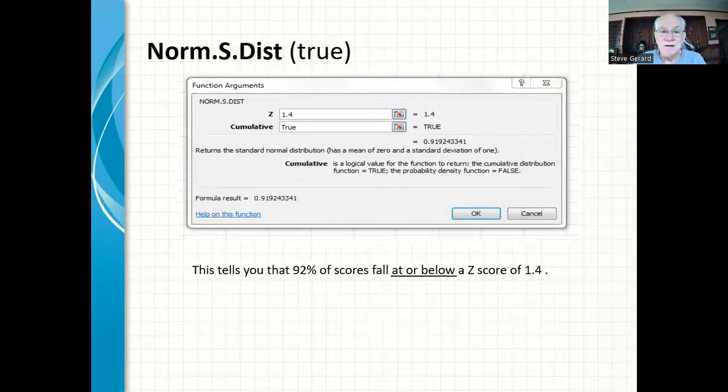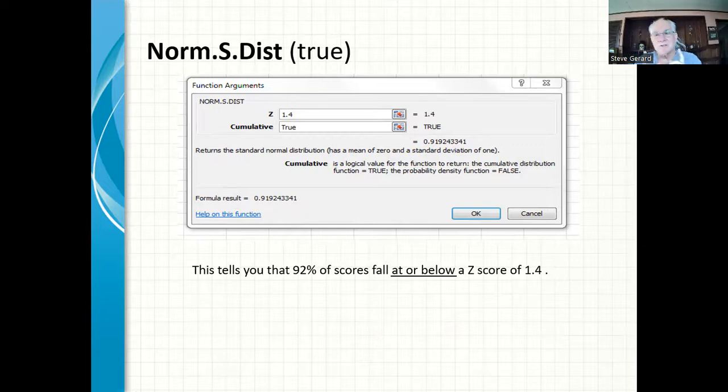For instance, I put in 1.4 as a z-score here, and then I put in true. True gives me a cumulative distribution. And it tells you that in this case 91.924, or roughly 92%, of the scores fall at or below a score of 1.4.